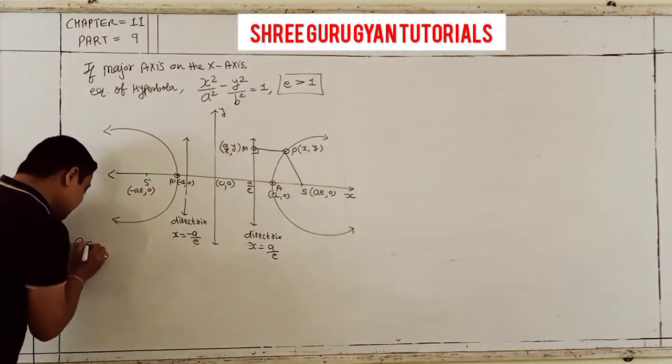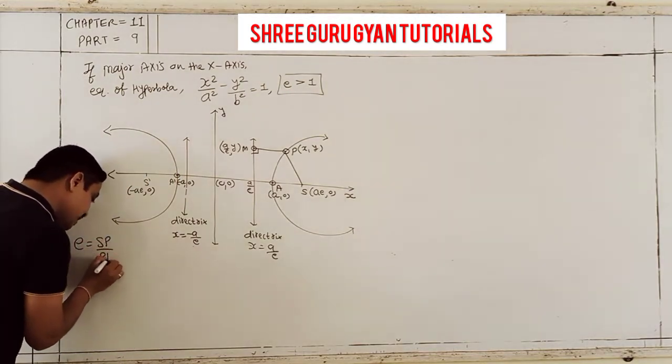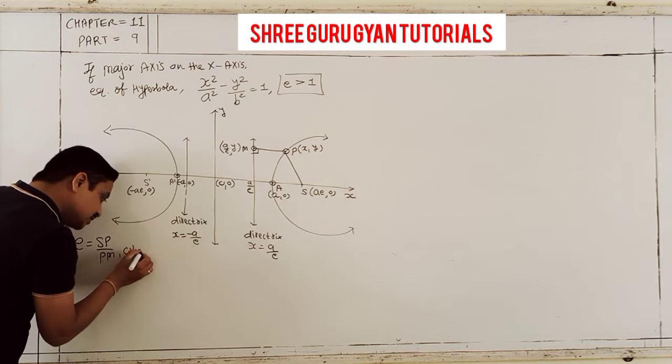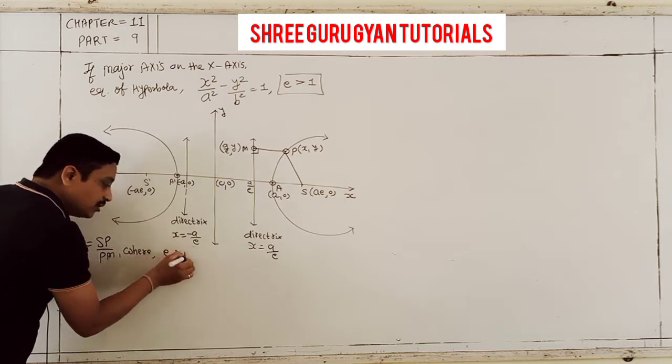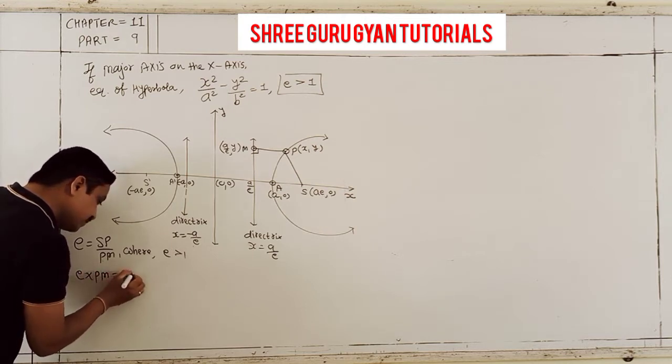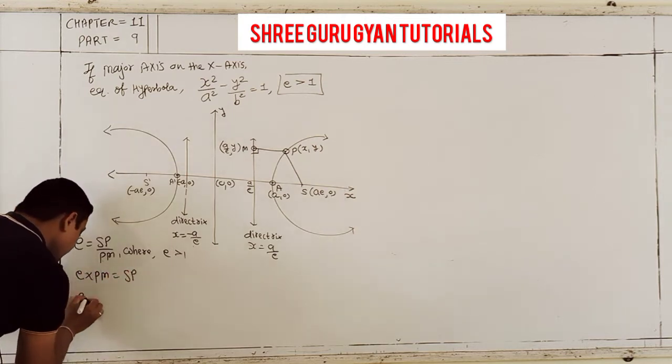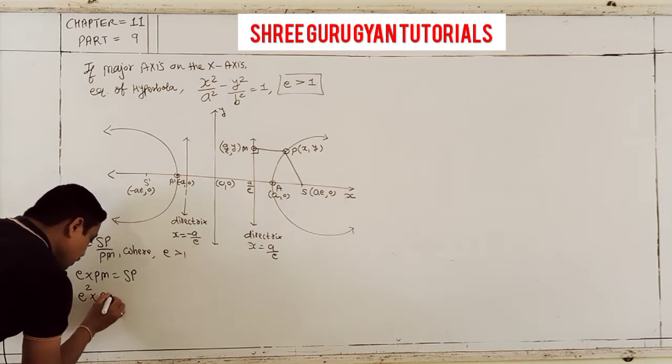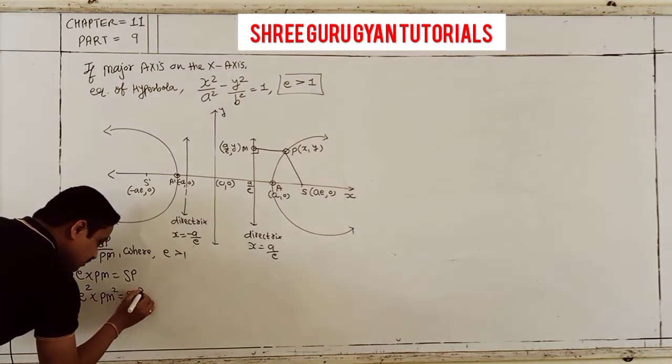So here eccentricity e equals SP by PM, where, students, e is more than 1. So e into PM is equal to SP, and squaring, e square into PM square is equal to SP square.